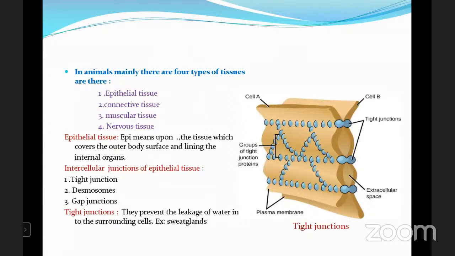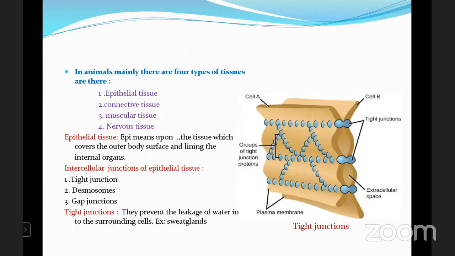First, epithelial. Epi means upon. The tissue which covers the outer body surface and lines the internal organs is known as the epithelial tissue. Once again, I repeat, epithelial tissue means the tissue which covers the outer body surface and lines the internal organs.